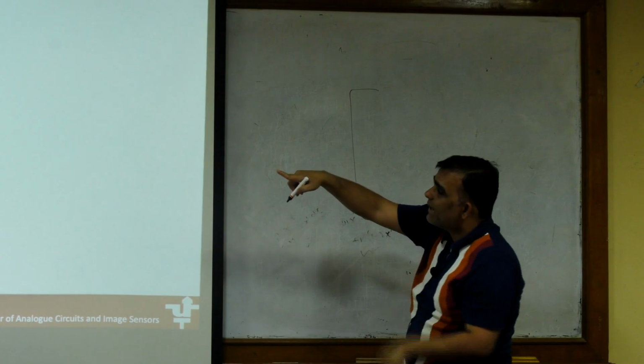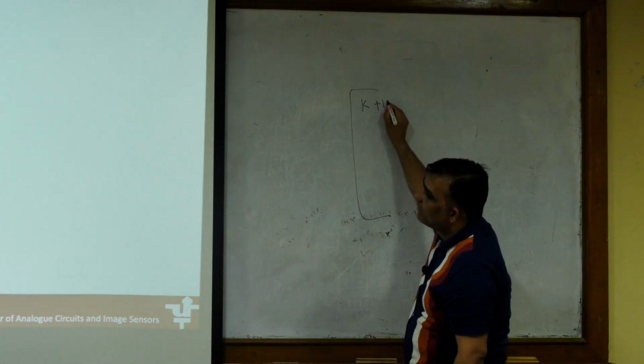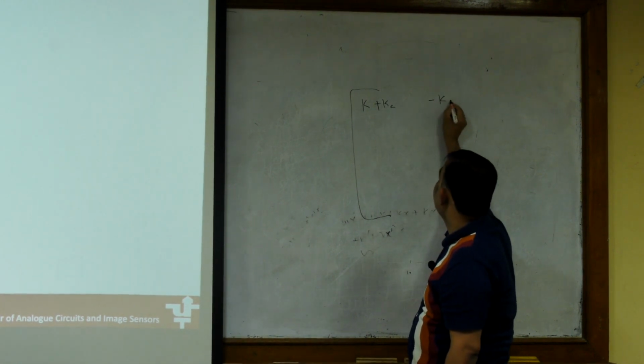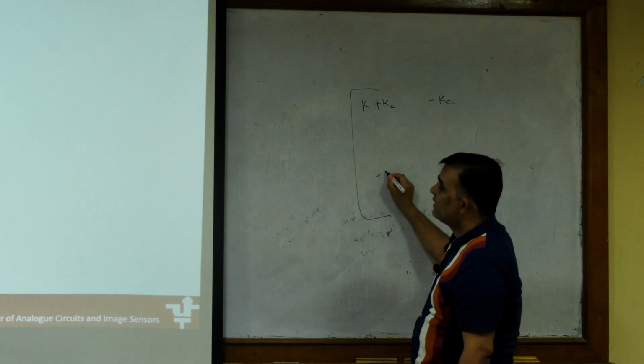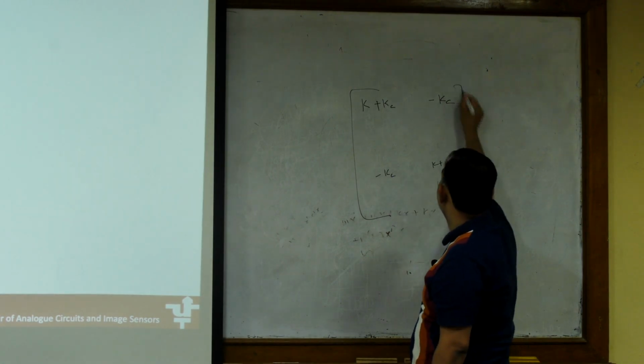What's related to x1 in the first equation? I just have k plus kc. Related to x2 in the first equation is just minus kc. Related to x2 in the second equation is kc plus kc.